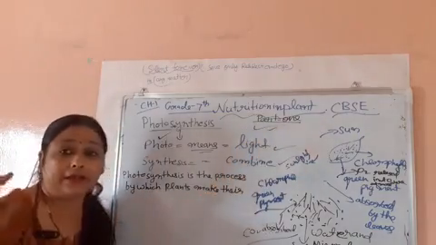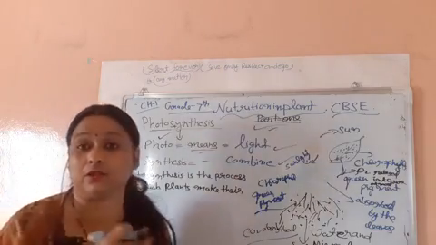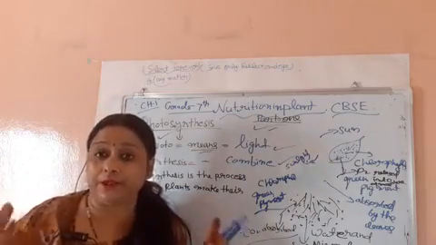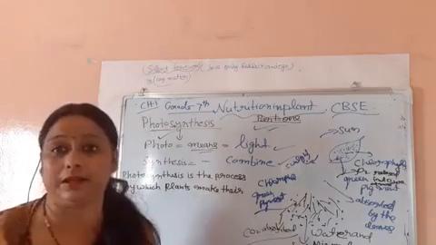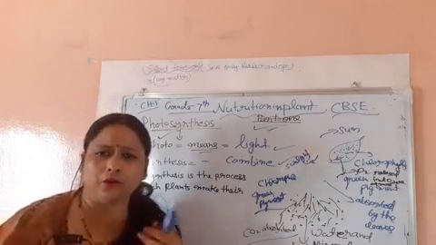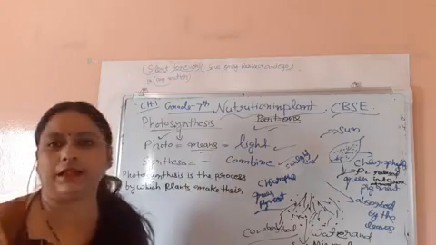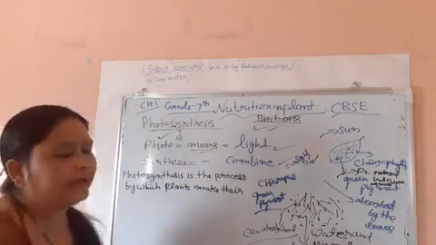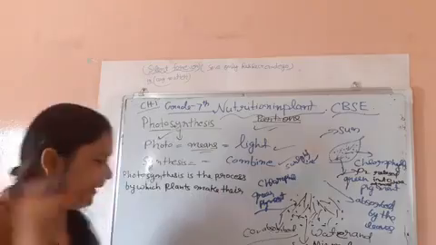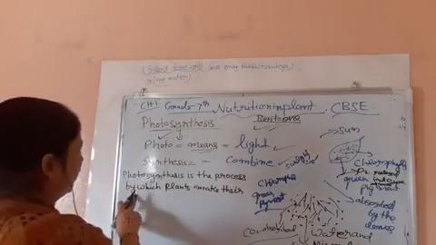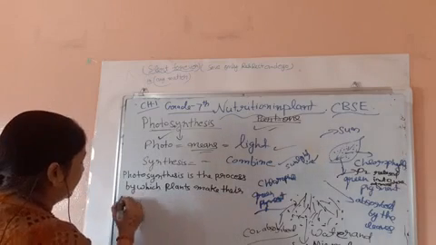This is a very lengthy topic, so here we discuss only photosynthesis, which materials are required for this process, and what we mean by photosynthesis and how to define it. Photosynthesis is the process by which plants make their own food.